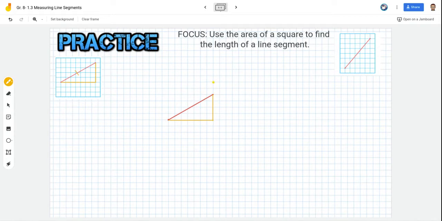I'm going to go 1, 2, 3, 4, 5, 6, 7. 1, 2, 3, 4. All right. So hopefully I have enough room here on the page to draw this triangle. And I'm going to join this with a red line to this point right there.